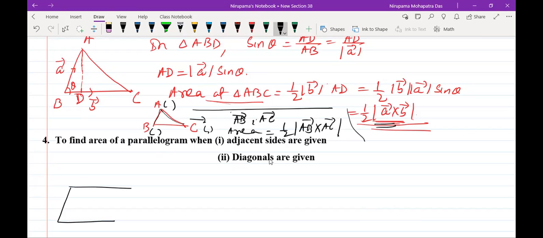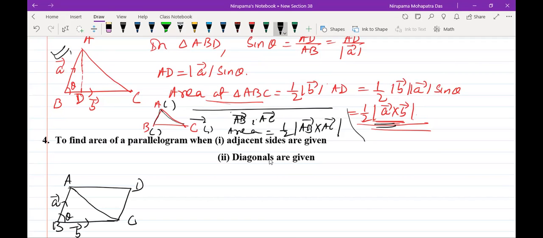Suppose this is parallelogram ABCD. You are given two adjacent sides, represented by two vectors A and B. The angle between them is theta. Since we have already studied the triangle part, we don't have to worry here.